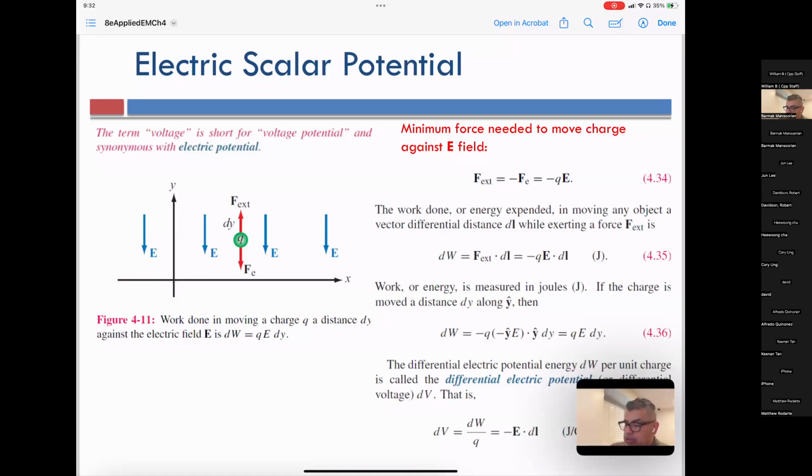That's what electric field is. So the voltage potential, or voltage, is even one step further removed from reality. And notice that when you guys are in the lab, you're actually never measuring an electric field.